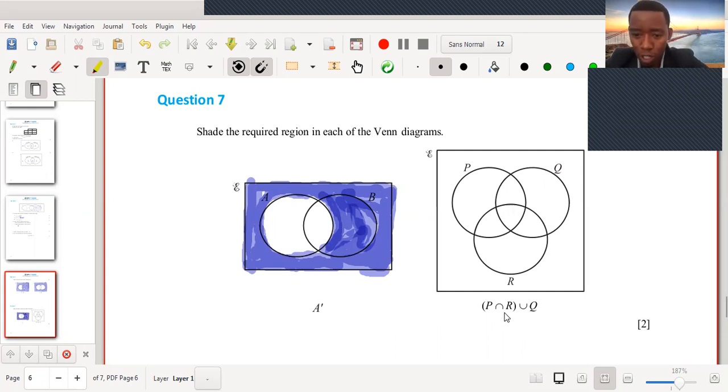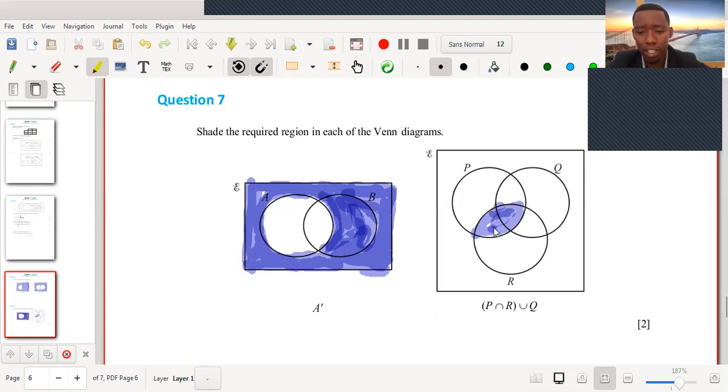P intersection Q union P intersection R union Q. Let's first see P intersection R. P intersection R is somewhere where? It's here. This is it. P intersection R is here.